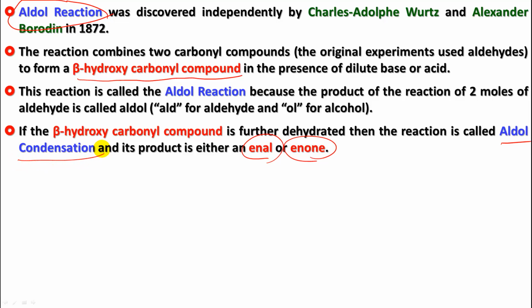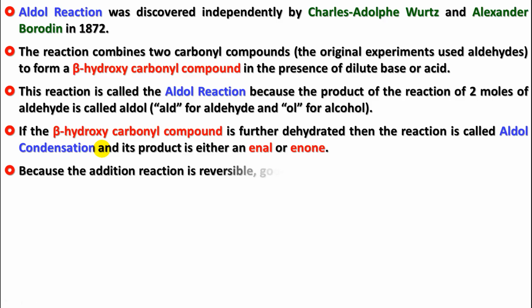As we know, condensation is a reaction in which two compounds combine with each other with the removal of one molecule, and generally that molecule is water. So when the aldol is dehydrated, a molecule of water is removed, and the total reaction is then called the aldol condensation.